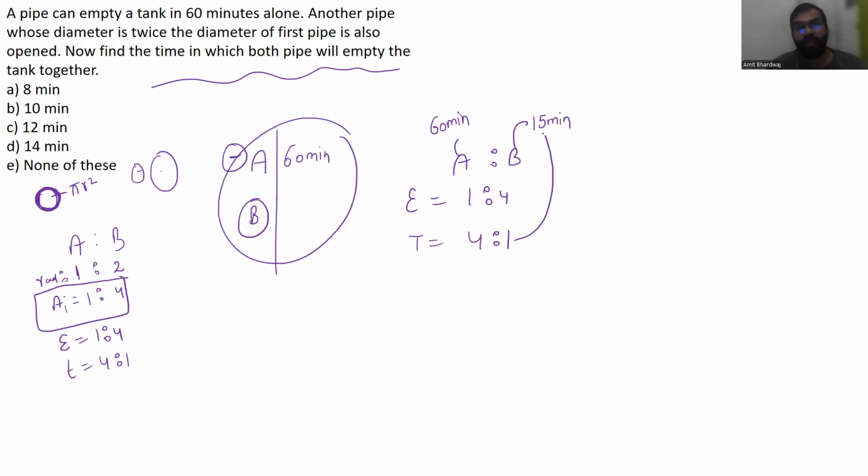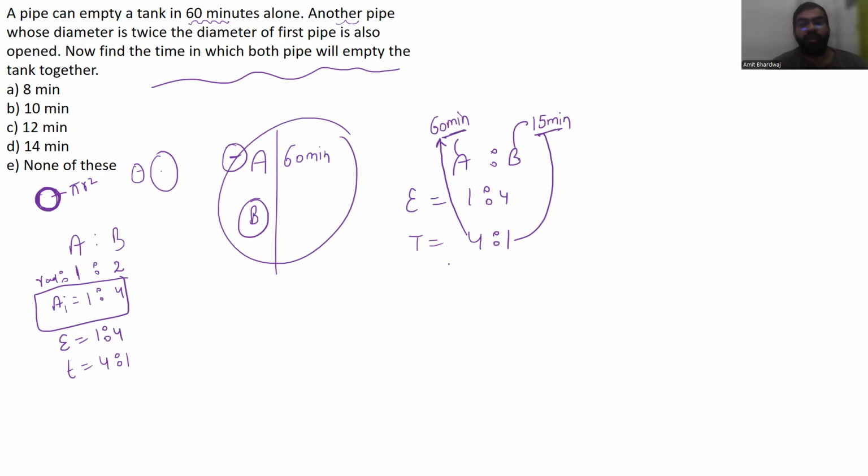If one is 15, this is 60. Yes or no? So basically, the pipe whose diameter is low will take more time, and the other pipe whose diameter is twice will take less time. So B will take 15 minutes, A will take 60 minutes. This is what we need to understand: in how much time can they empty it together?